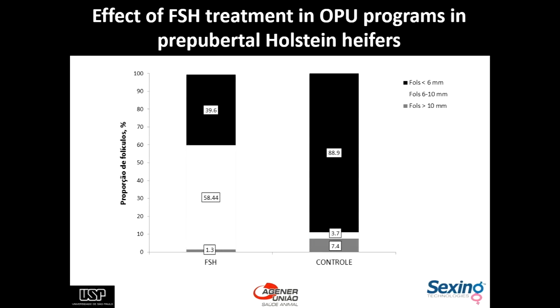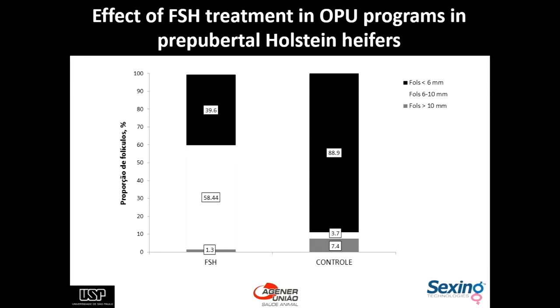And we can see here that in the FSH group we change the proportion of follicles of 6 to 10 millimeters. Here is the control group in black, with the small follicles. And here, when you use FSH, now we have in these prepubertal heifers 60% of follicles aspirated between 6 and 10 millimeters.